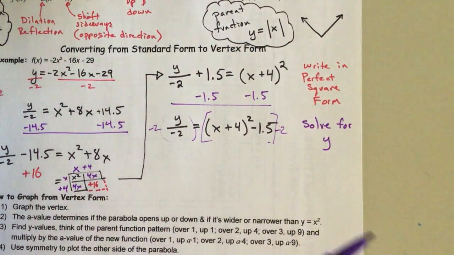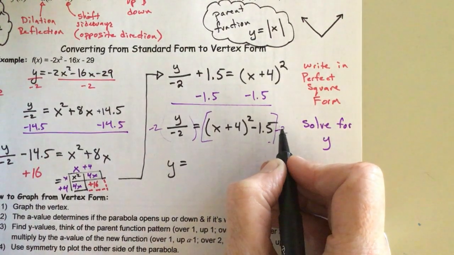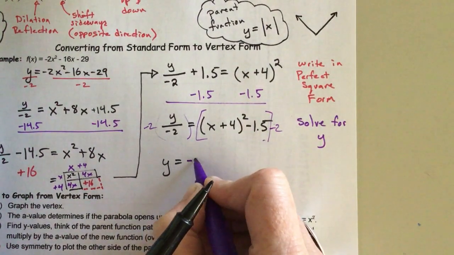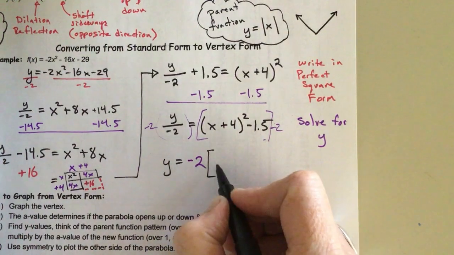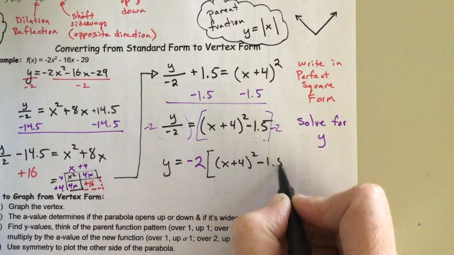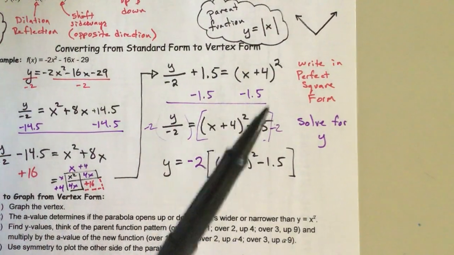That's going to cancel on this side, so now I have y equals negative 2 times all of that. And I'm going to write it all out. Negative 2 times x plus 4 squared minus 1.5. I'm going to do the distributive property here.